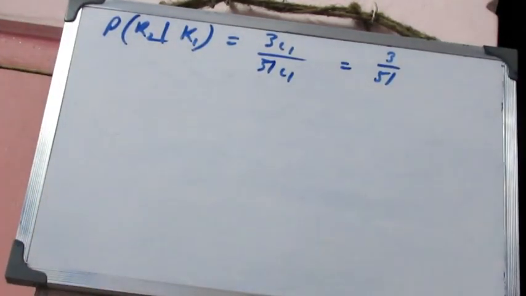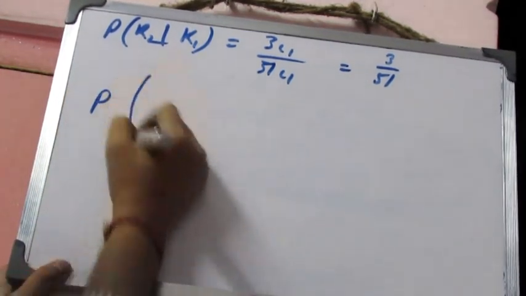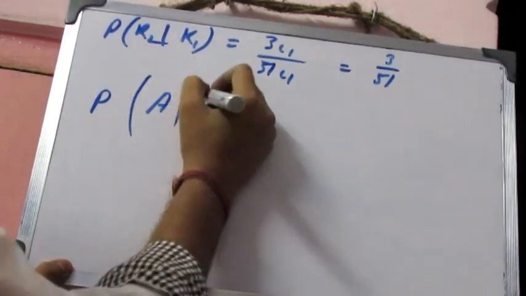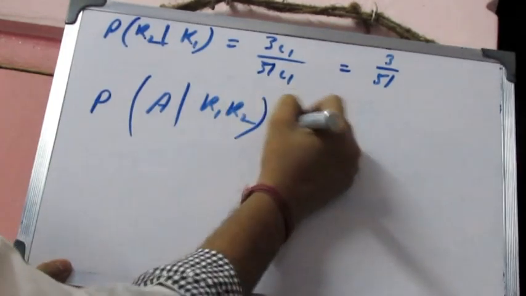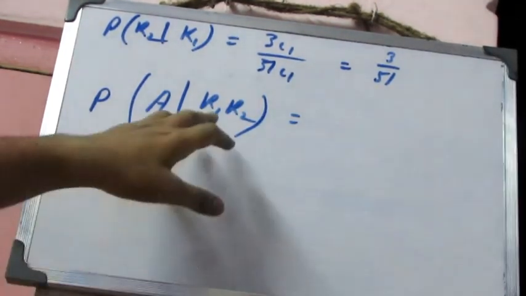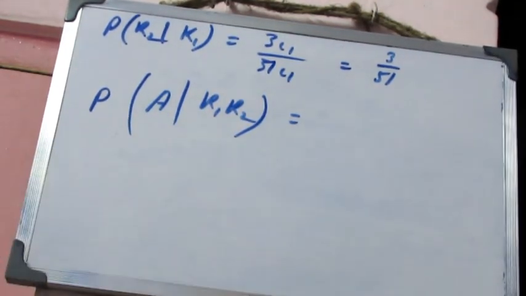And finally, we have chosen 2 kings, so we are left with 50 cards. Now we have to find the probability of an ace given K1 and K2. We have already chosen 2 kings previously, and now we have to choose one ace.